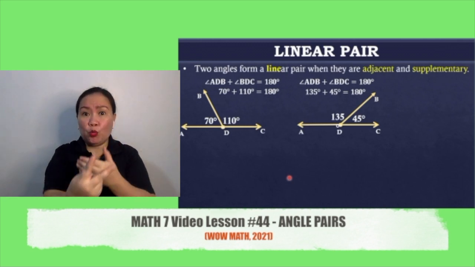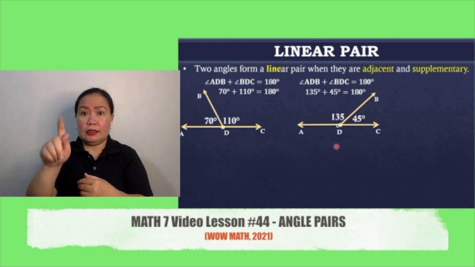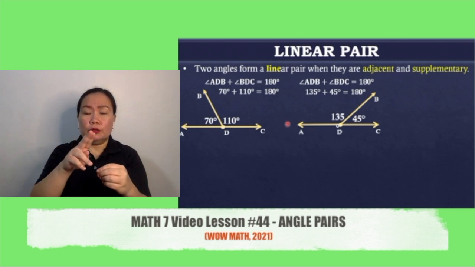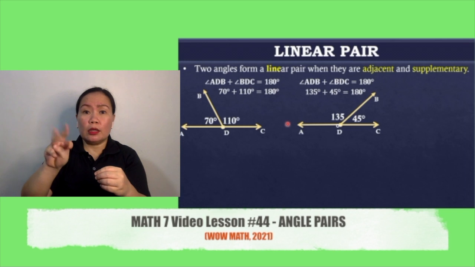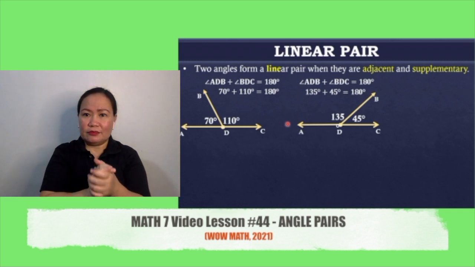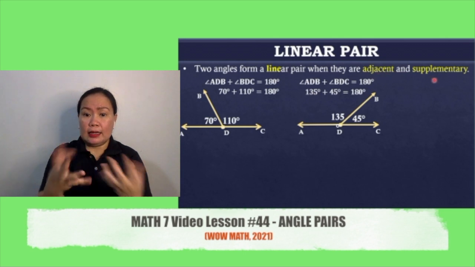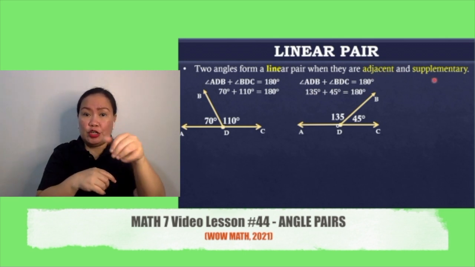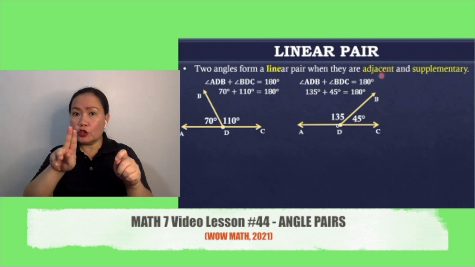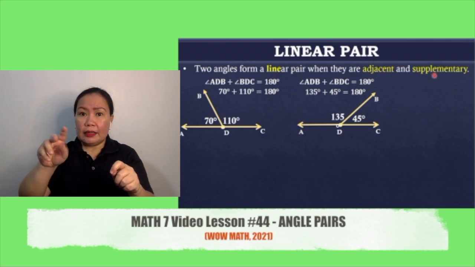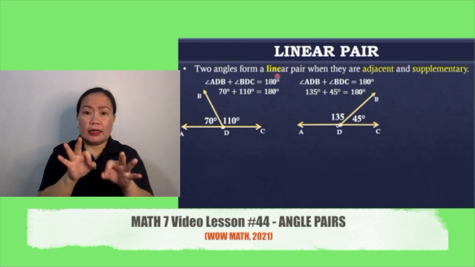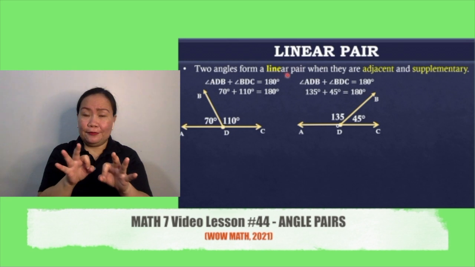Kaya pala, ibig sabihin, ang linear pair, matatawag natin siyang linear pair o nagfo-form siya ng linear pair kapag adjacent at the same time supplementary. Kapag hindi siya adjacent at hindi siya supplementary, ibig sabihin, hindi mo siya pwedeng i-consider na linear pair.